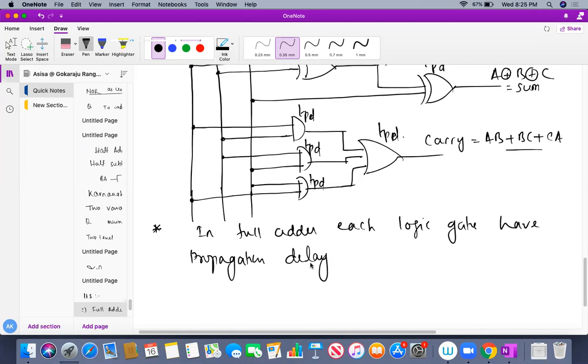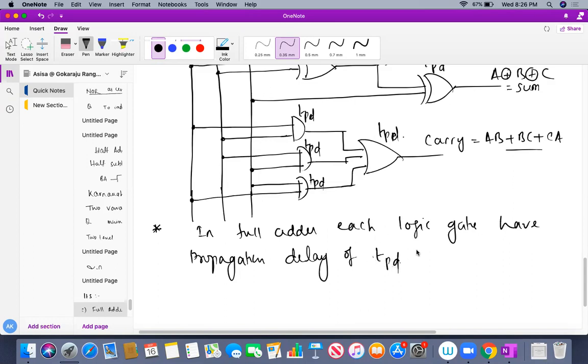Some gates take very little time, in picoseconds or nanoseconds. Your input gets propagated through the digital circuit and finally you get the output. This is propagation delay, TPD.